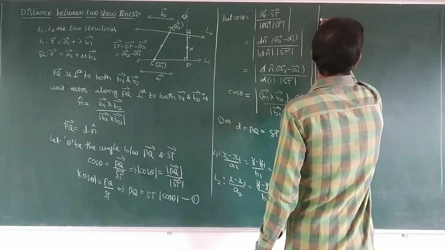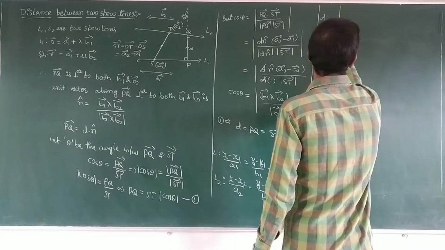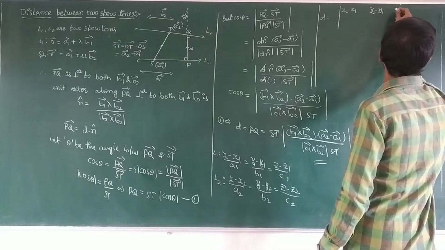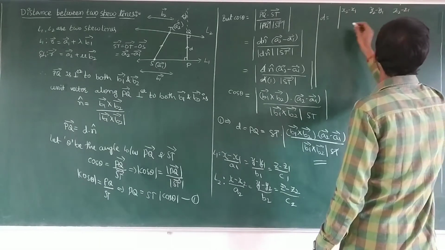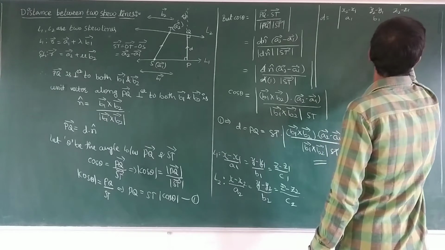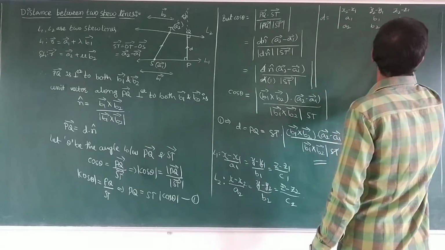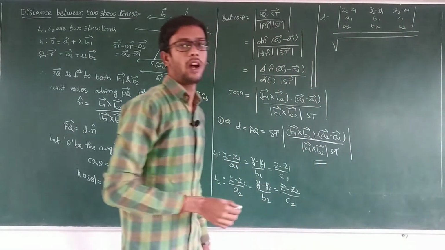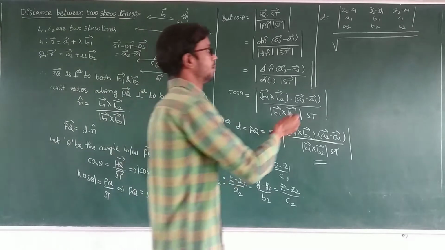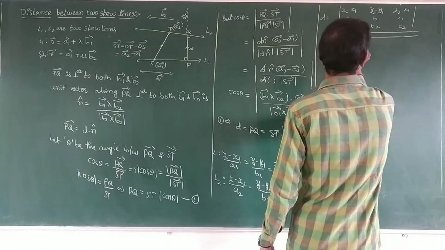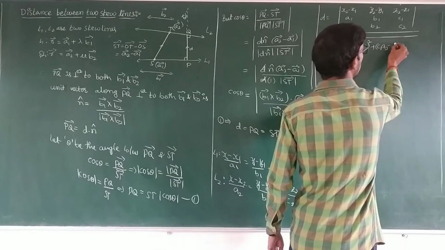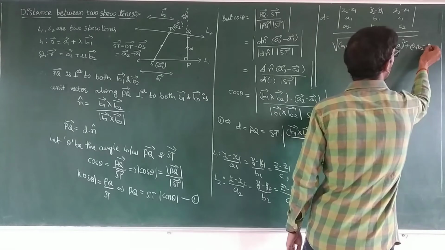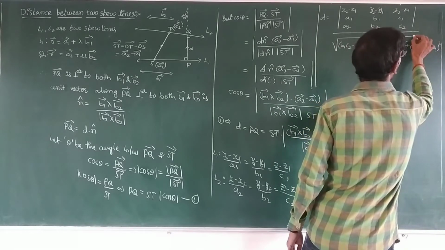So here the formula is d is equal to the determinant of x2 minus x1, y2 minus y1, z2 minus z1, a1 b1 c1, a2 b2 c2, divided by the square root of total, I have to write here: b1 c2 minus c1 b2 whole square plus c1 a2 minus c2 a1 whole square plus a1 b2 minus a2 b1 whole square.